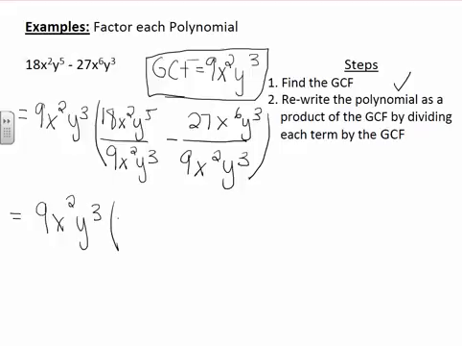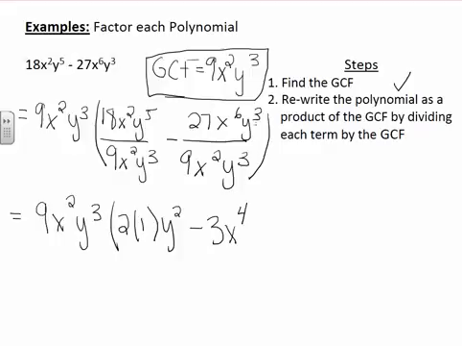18 divided by 9 is 2. x squared divided by x squared is x to the 2 minus 2, which is 1. y to the 5 divided by y to the 3 is y to the 5 minus 3, which is y squared. Then 27 divided by 9 is 3. x to the 6 divided by x to the 2 is x to the 6 minus 2, so x to the 4.